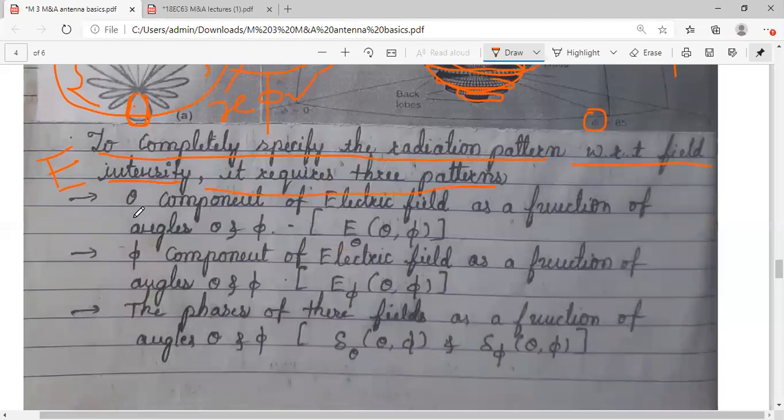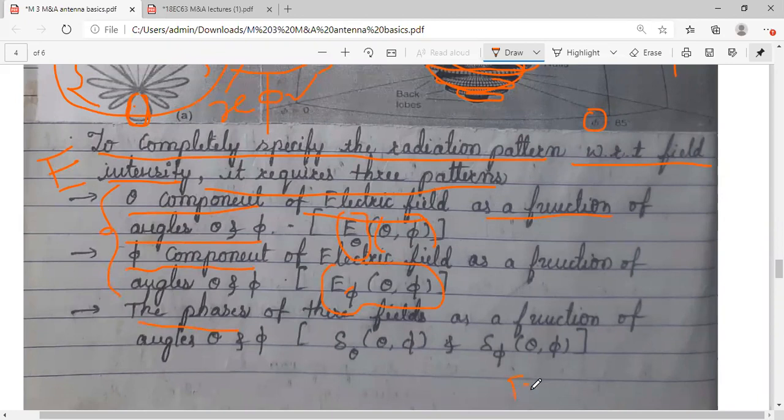Theta and phi are the two coordinates we will be using in the spherical coordinate system. So the theta component of the electric field as a function of angles theta and phi, that is the field in the theta direction. Similarly the phi component, in terms of theta and phi coordinates, and these are the magnitudes I'm talking about. And one more is the phase. Phase also matters, because the electromagnetic wave is propagating.